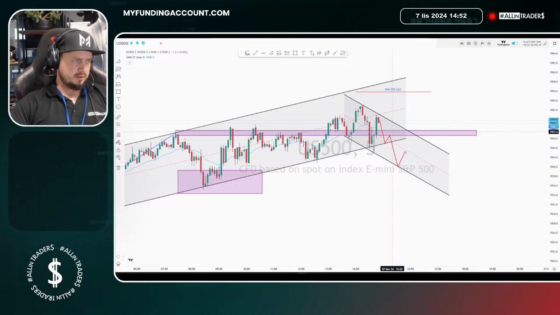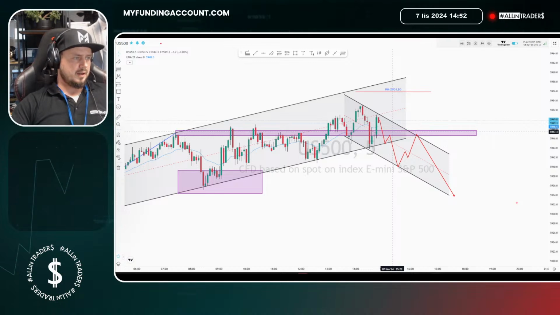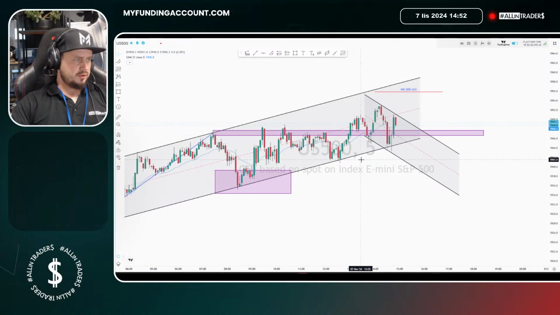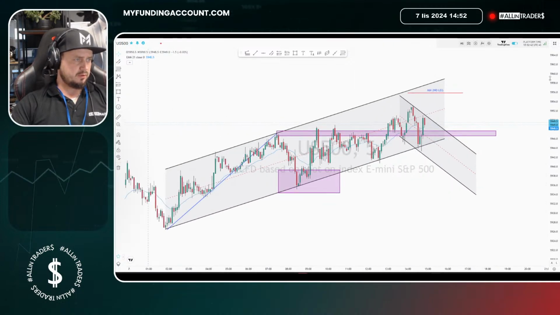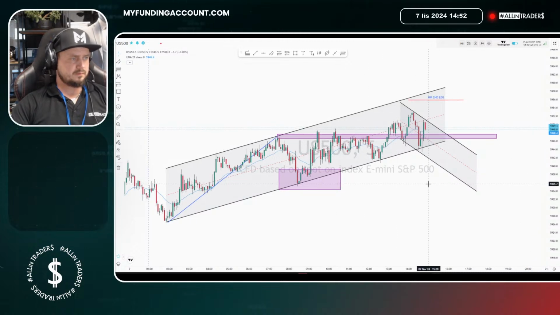Breakout, and after we might have a chance to go lower, to go down, at least to this liquidity over here. Yes, but for this situation, we're gonna have to wait, unfortunately, and let's leave it for now.